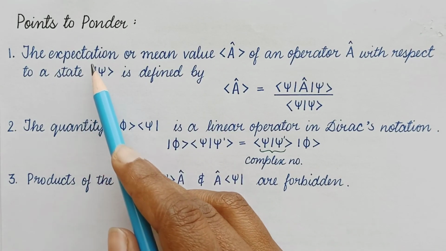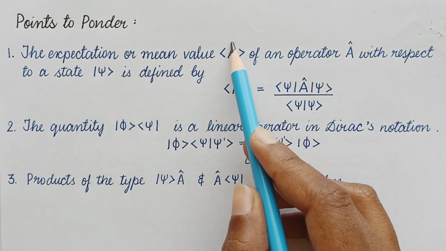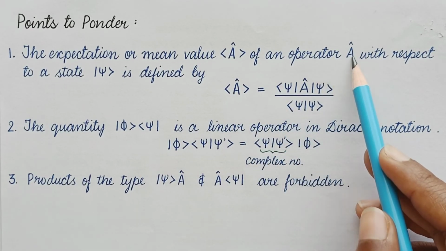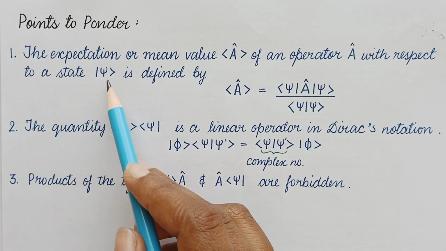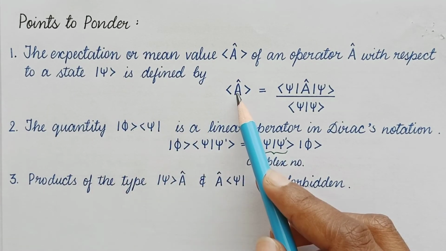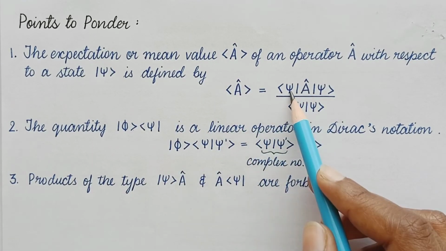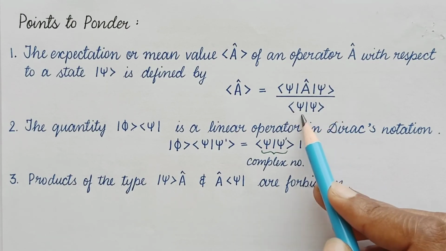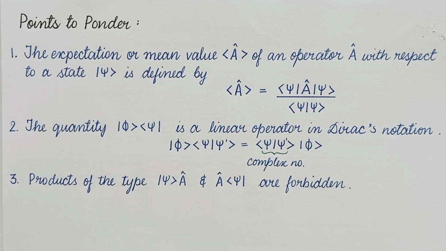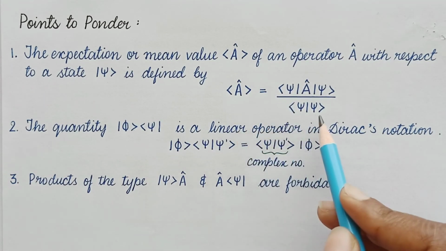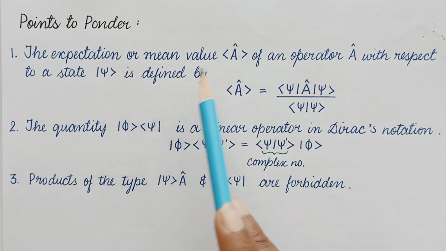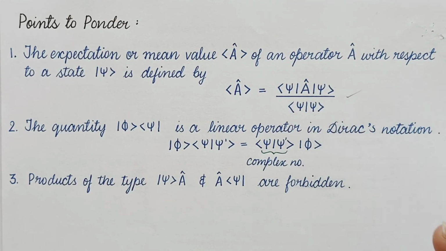We represent the expectation or mean value of an operator A cap with respect to the state ket psi by A cap in angle brackets, defined as bra psi A cap ket psi divided by bra psi ket psi. This is just a simple mathematical formula for the expectation or the mean value. If you are asked to calculate the expectation or the mean value, you will use this formula.